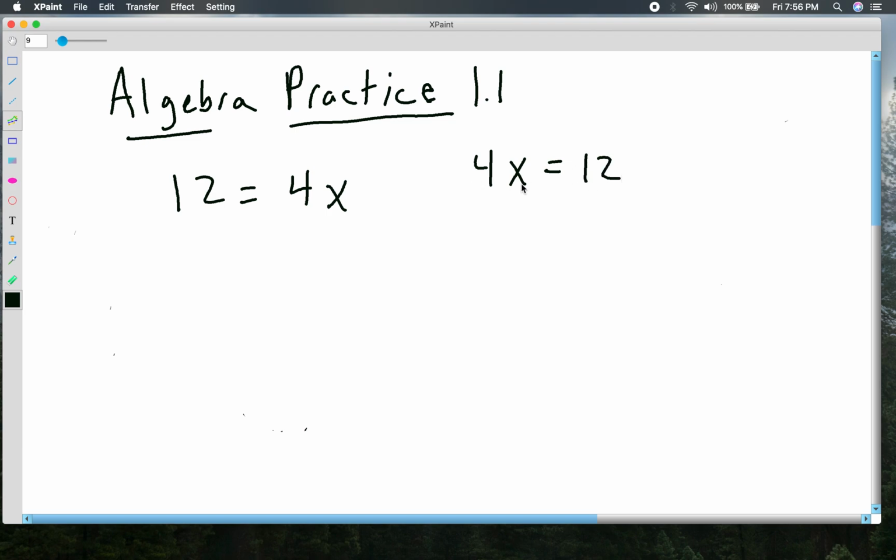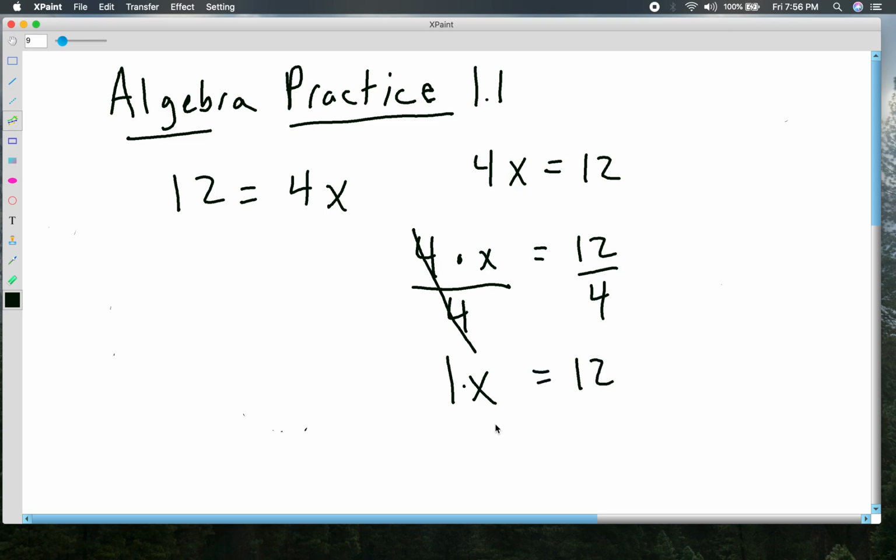No matter what side it's written on, does not matter. This is the same thing. 4 times x equals 12, divided by 4, divided by 4. Remember, don't get scared by that fraction line. 4 divided by 4 is 1. 1 times x literally equals 12 divided by 4. 1 times anything is itself. X equals 3, because 12 divided by 4 is 3.